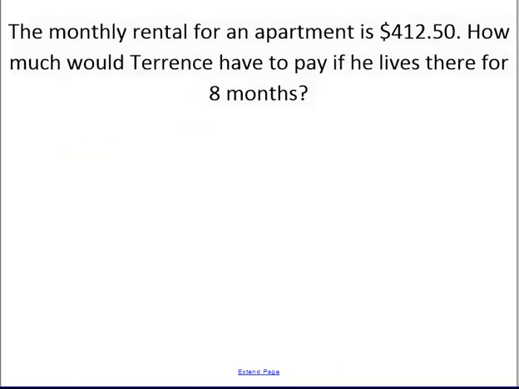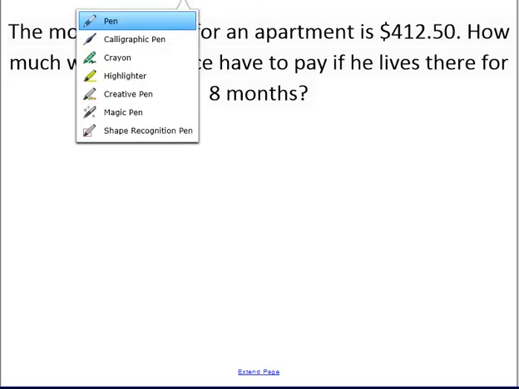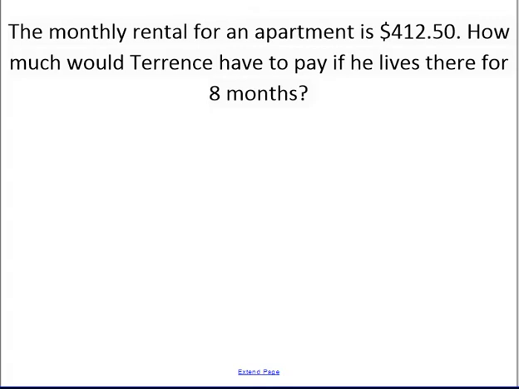All right, next problem. The monthly rental for an apartment is $412.50. How much would Terrence have to pay if he lives there for 8 months? So the first thing I'm going to do is highlight my question. How much would Terrence have to pay if he lives there for 8 months?